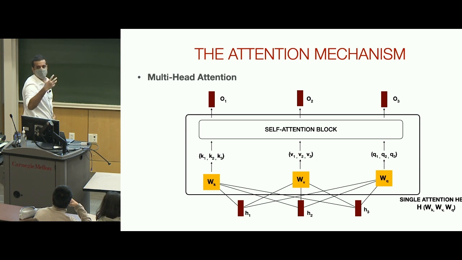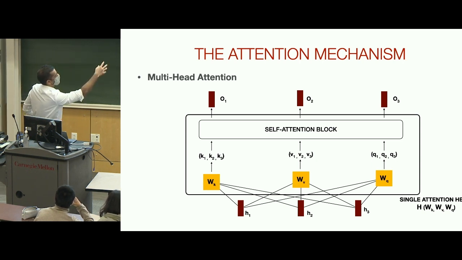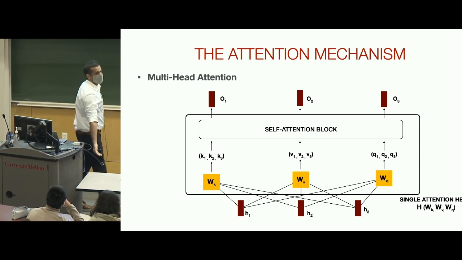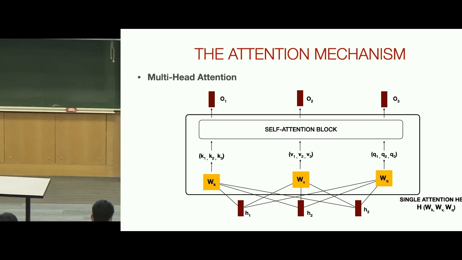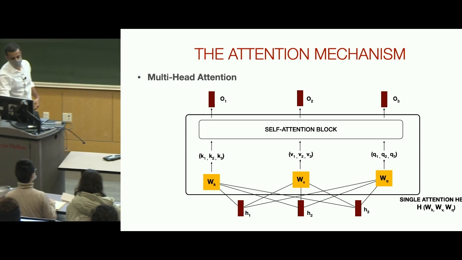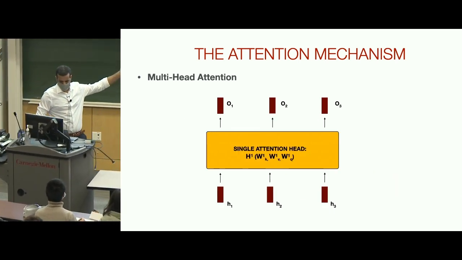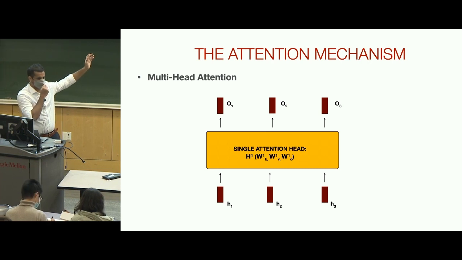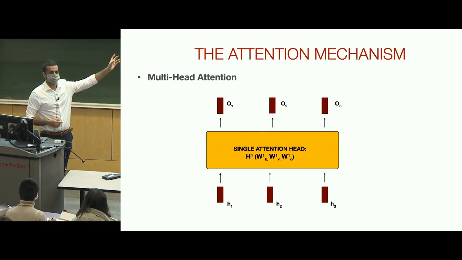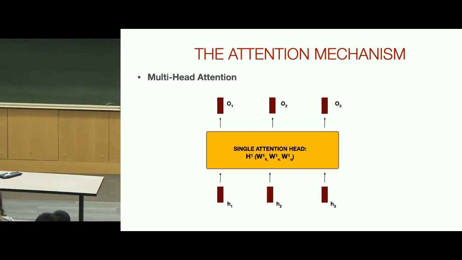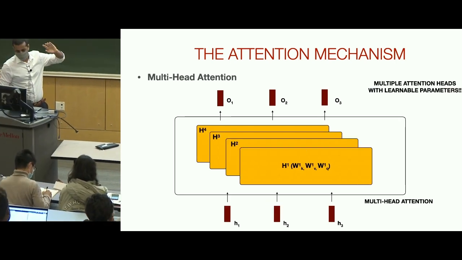So one set of transformations between the input and queries, keys, and values is one attention head. I'll represent it this way, with H1 as the first head, which is the first triplet of these linear transformations of keys, queries, and values.